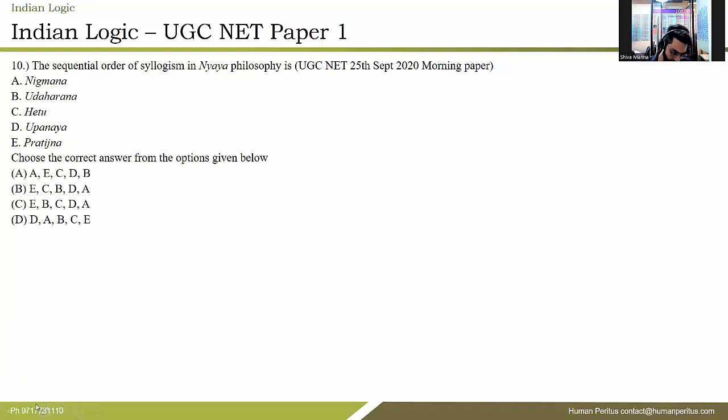Moving on to the next question. We have already done this. Now, in this particular question, they have asked about the order. The first one, pratijna or proposition. The second one is hetu or ground. The third one is udaharana.